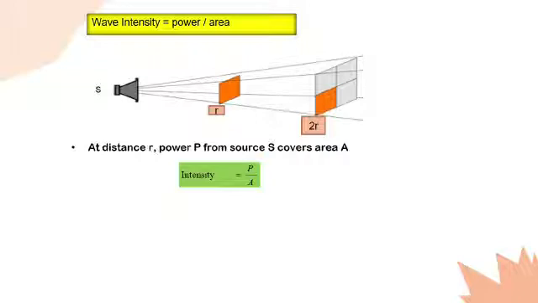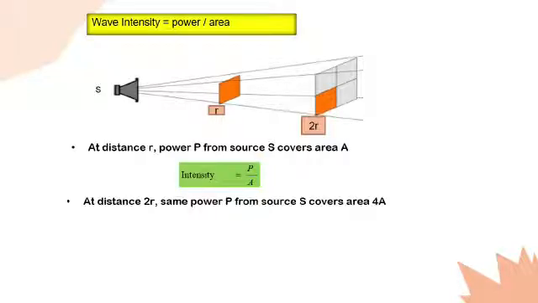If now we consider distance 2r away from source S, the same power that passed through the area A at distance r is now passing through the area of 4A at distance 2r from S. So the intensity at distance 2r away is equal to the power divided by area 4A.